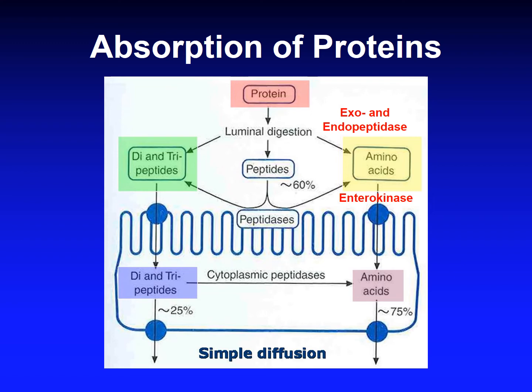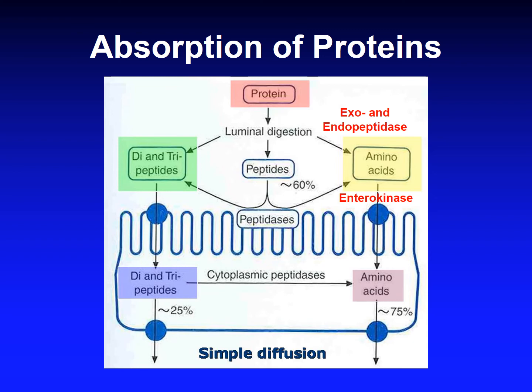When it's digested, it produces amino acids, di and tripeptides, and different kinds of peptides. Free amino acids, di and tripeptides move to the inside of the cell by simple diffusion. Free amino acids also go through simple diffusion.